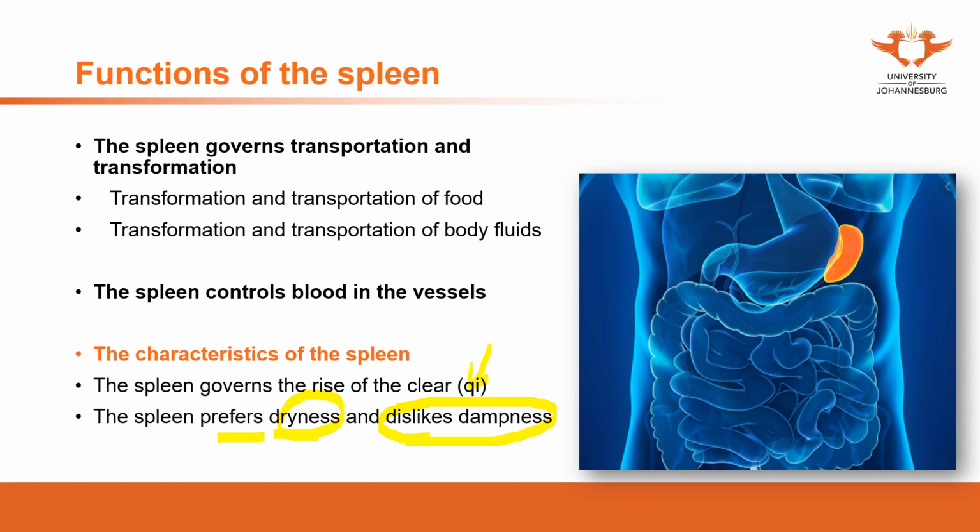So when considering these two characteristics in the treatments, for example, if a patient suffers from dislocation of the internal organs, we're going to focus on the spleen to recover the rising function to support the internal organs. If the patient suffers from dampness or water metabolism dysfunction, we're going to focus on the spleen. We're going to reduce the dampness in the body and try to recover the spleen function.